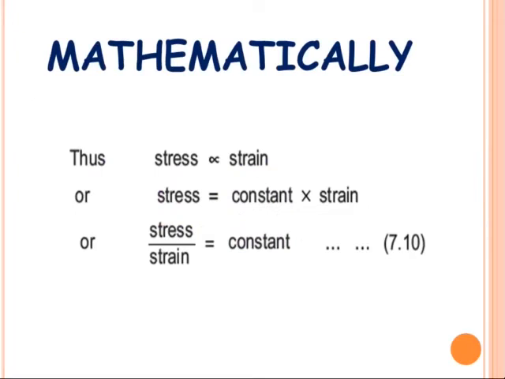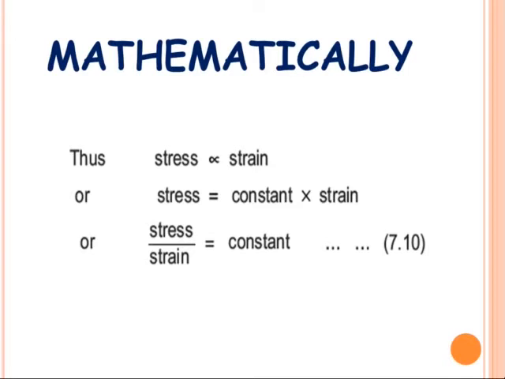Mathematically, stress is directly proportional to strain. We change proportional with the sign of equality and we put a constant. So stress is equal to constant into strain, and this constant is equal to stress divided by strain.